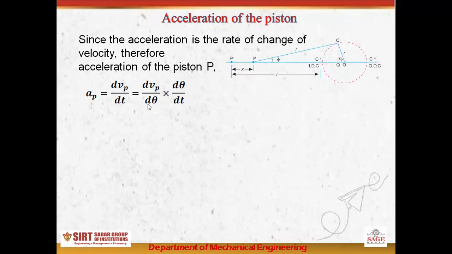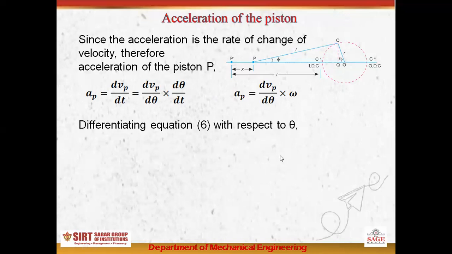The d theta can be cancelled out, and we get dVp upon dt. Here d theta upon dt is equal to omega, as we have already discussed previously. Now we differentiate equation number 6, the velocity of the piston, with respect to theta.